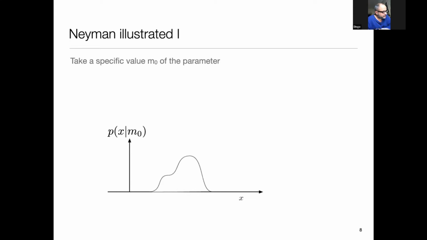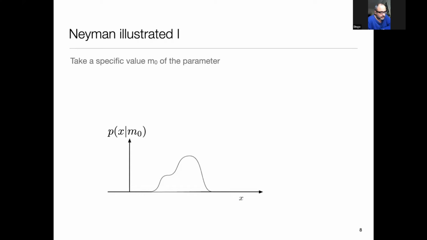And then take just one value of the physics parameter. Just take the case of m0. You have this distribution, and you decide that you want, in the end, as a result, to set up a confidence interval at 1 sigma, for instance, confidence level, right?